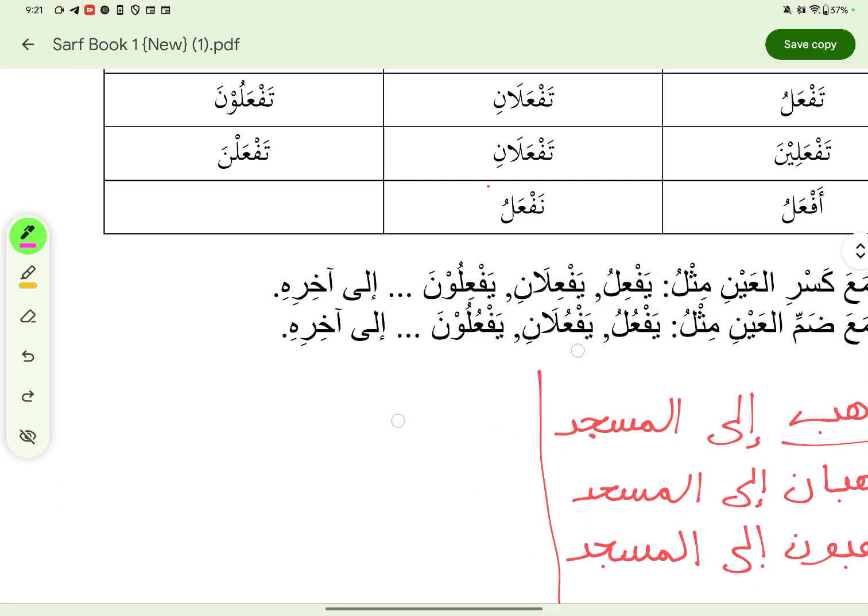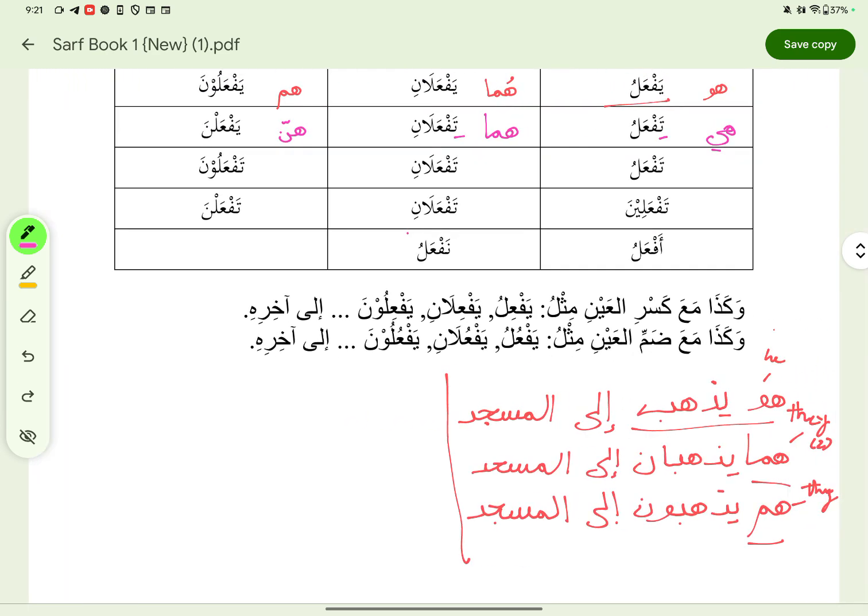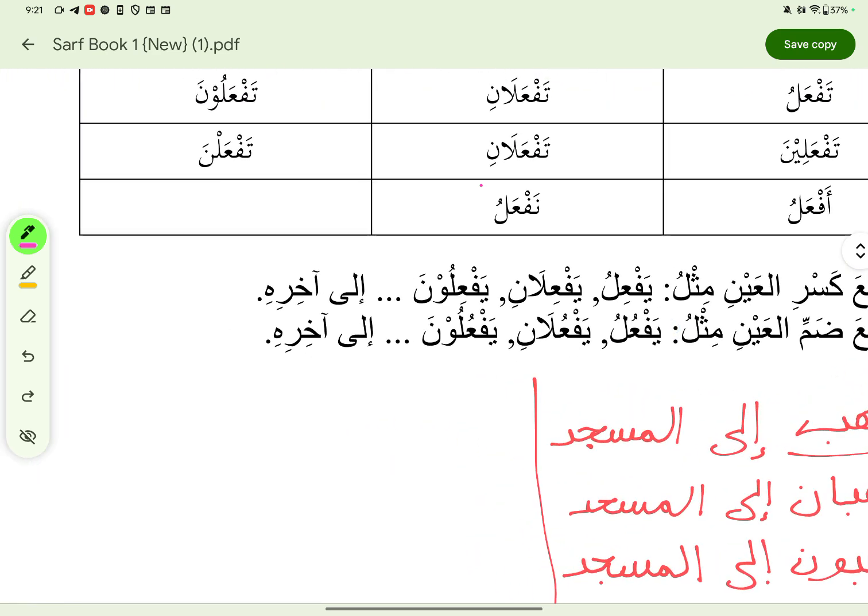We use a different conversation here. Here, تذهب إلى was one of the places. إلى المطبخ.